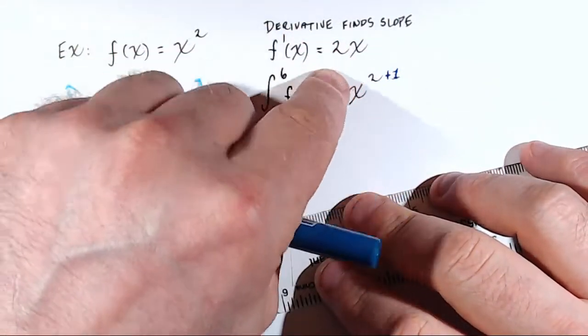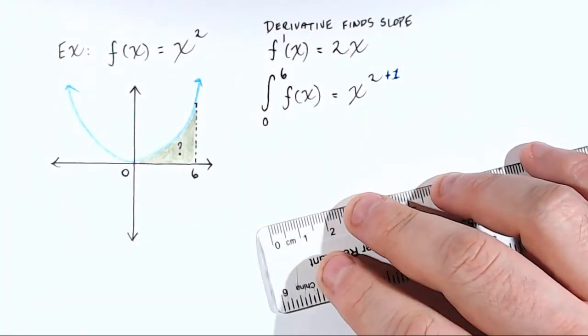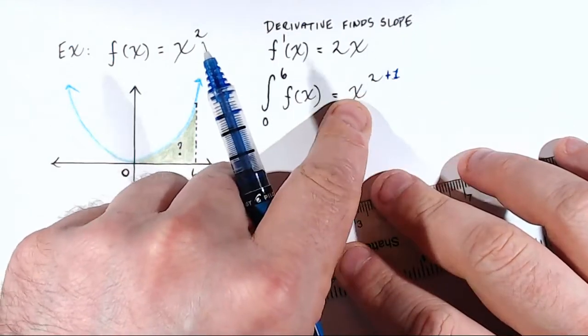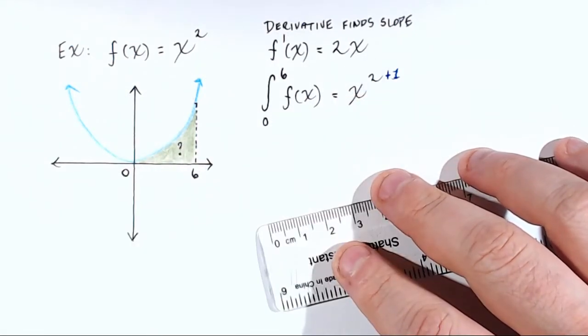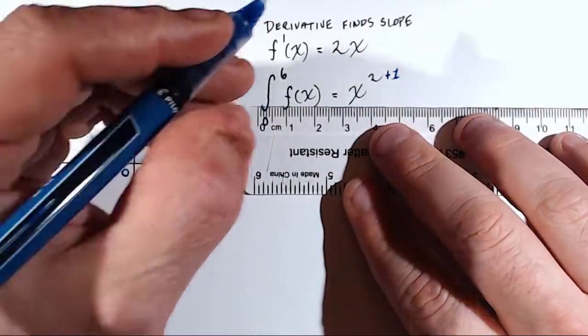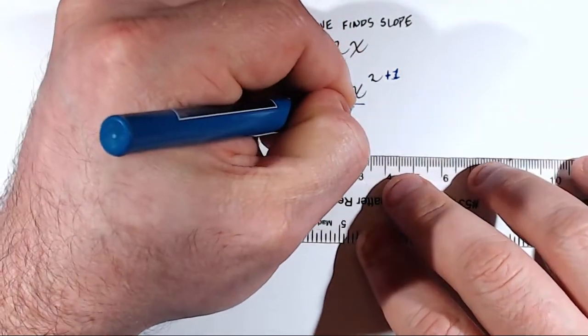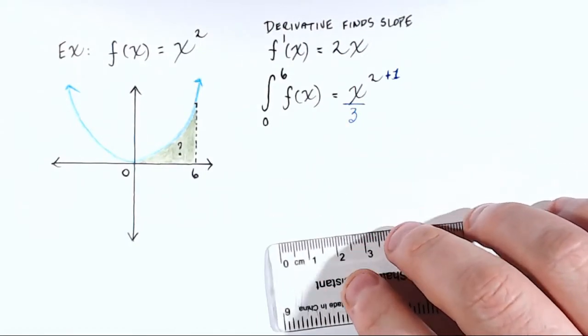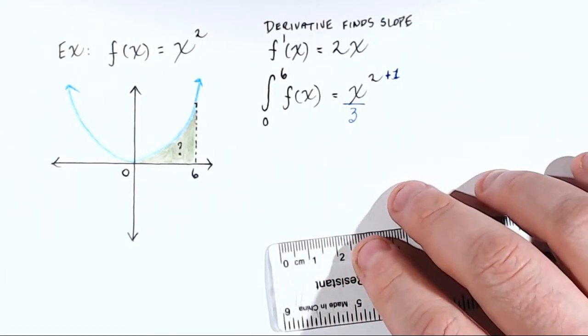So if I were to have brought a 3 down here, what would I then need to divide out in order to arrive back at x squared? And it makes more sense when you just look at it. So I would need to divide by 3. Okay?